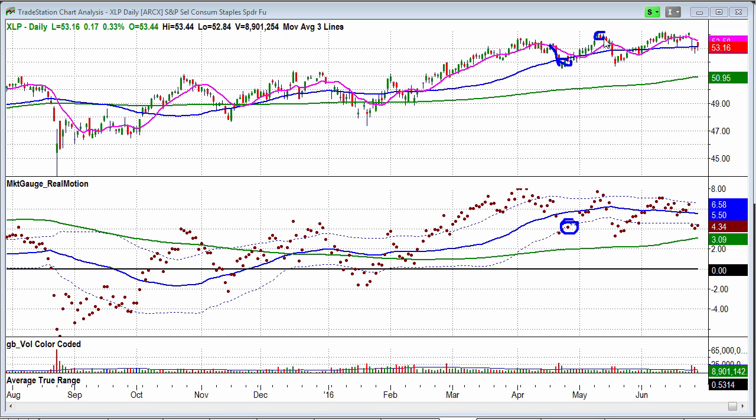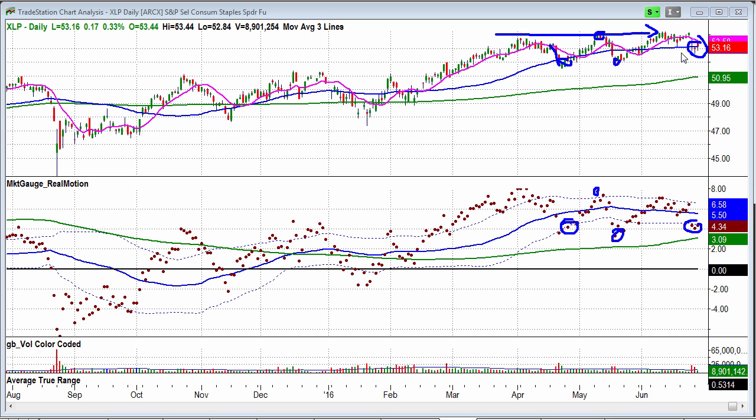When it rallied up, the momentum didn't make a new high. When it pulled back, the momentum got hit really hard. So this is an indication that underneath this sideways action, the momentum actually seems to be rolling over. And now you've got the momentum well below the 50 while this sits on the 50.